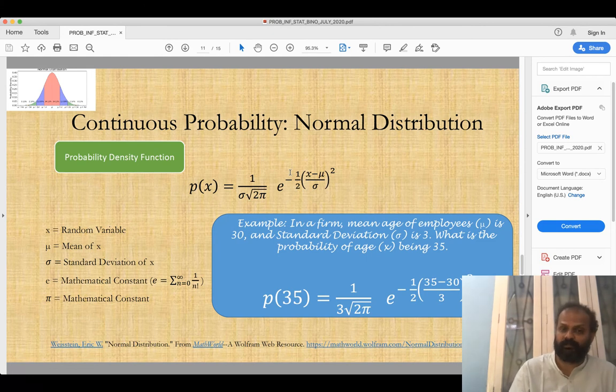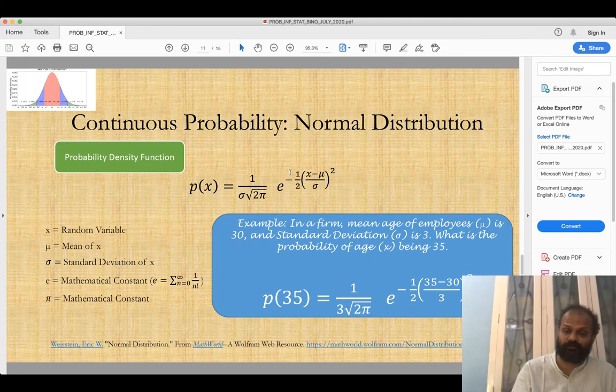So we can have some examples. Supposing there's a firm. In the firm, mean age of employees, that's the mu, is 30. Mean, that's average. And standard deviation, sigma, is 3. What's the probability of x being 35?